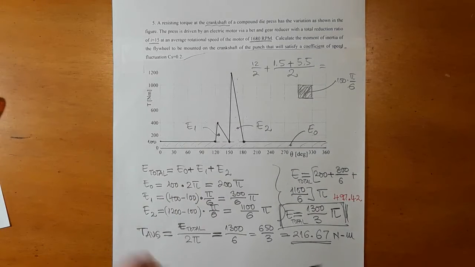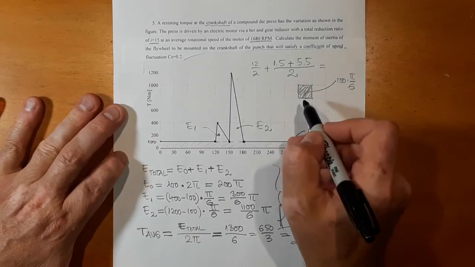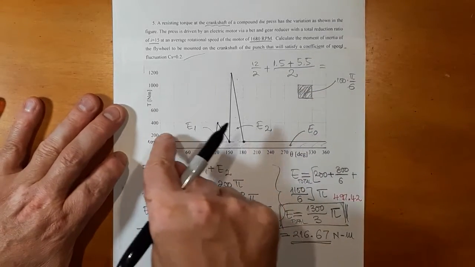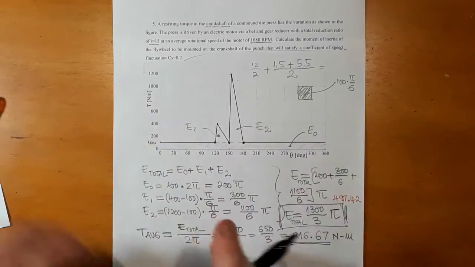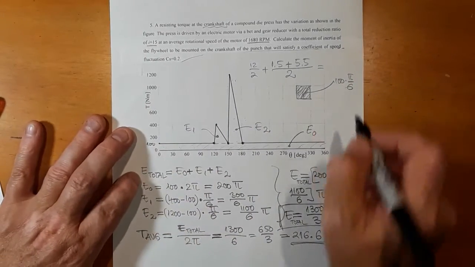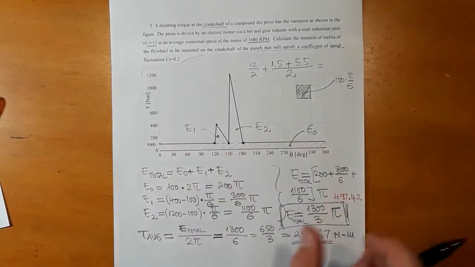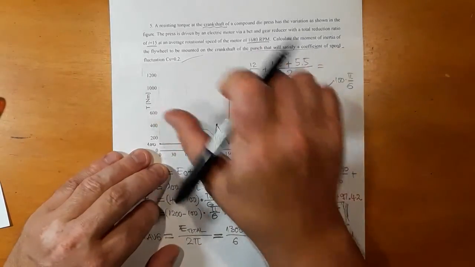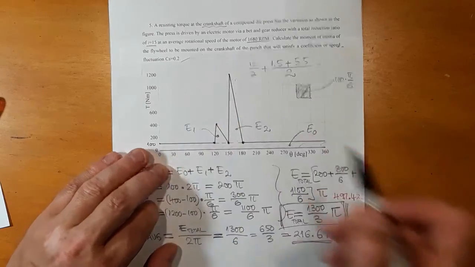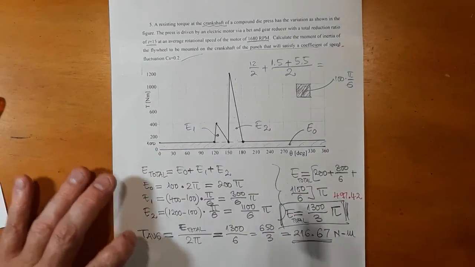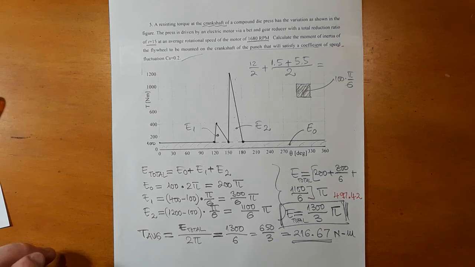One of these rectangles is between 200 and 400, so I have 200 times pi over 6. Pi over 6 is 30 degrees, so these are 30-degree increments. And then the vertical dimension of one of these squares: if the figure is faded, you can go to the back of the chapter and look at the actual figure.